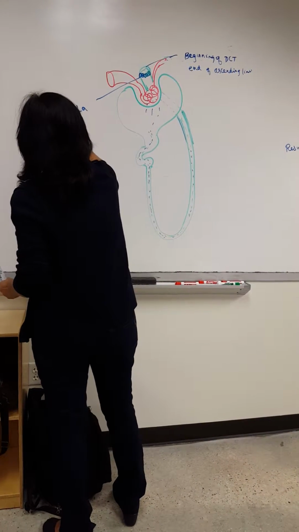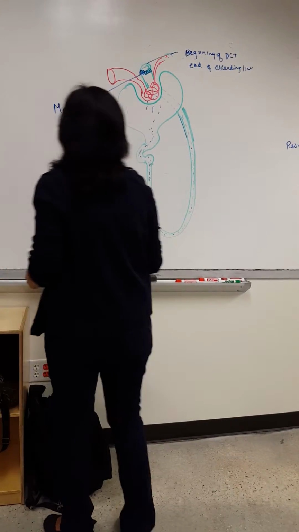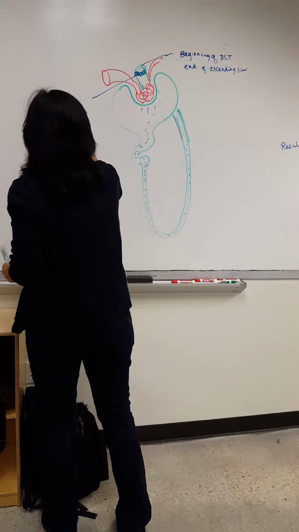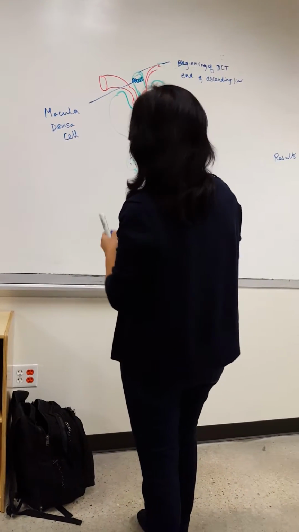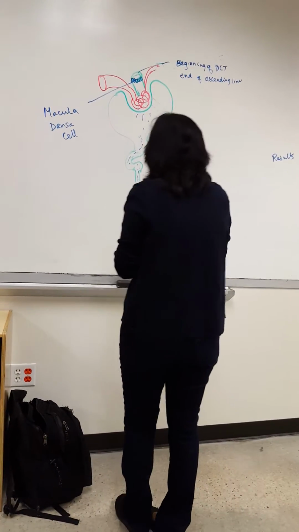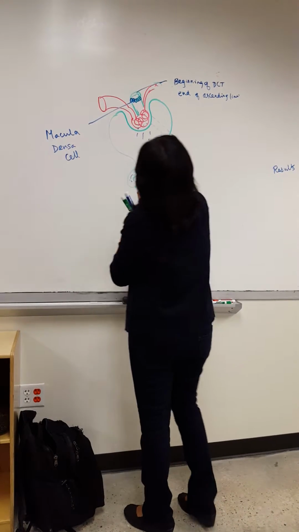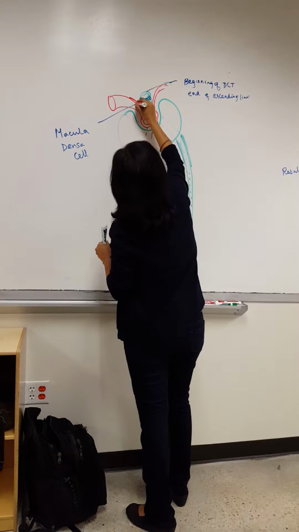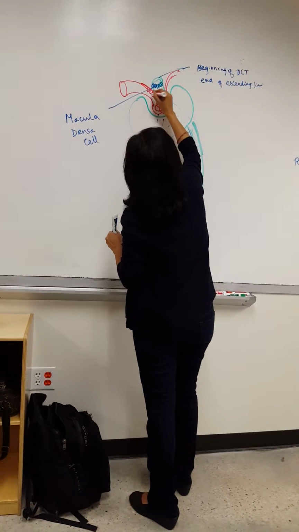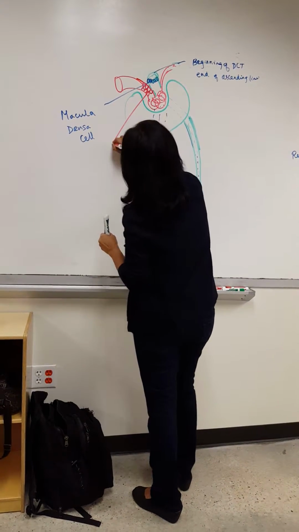You only need to see this on a model. You can't see it under the microscope. Macula densa cells are the cells on the ascending limb or the beginning of the distal convoluted tubule. And the corresponding cells here on the afferent arteriole are also modified, and they are called by two names.